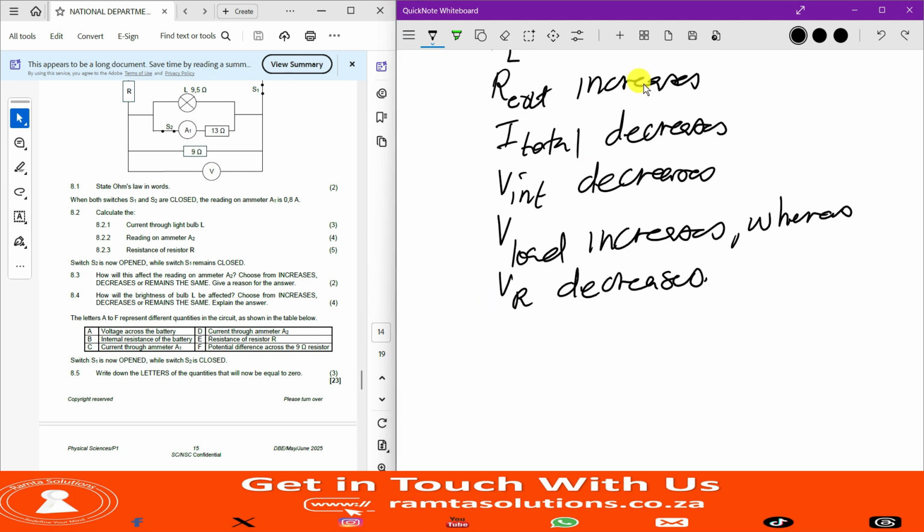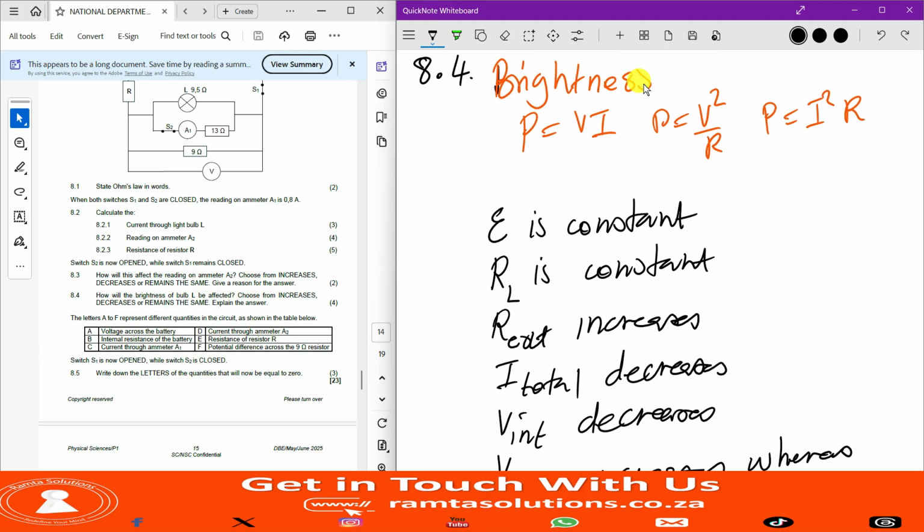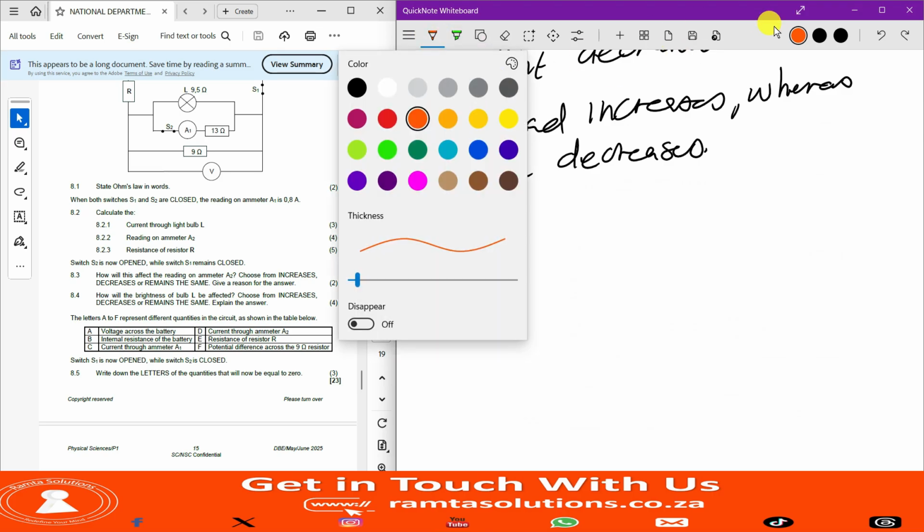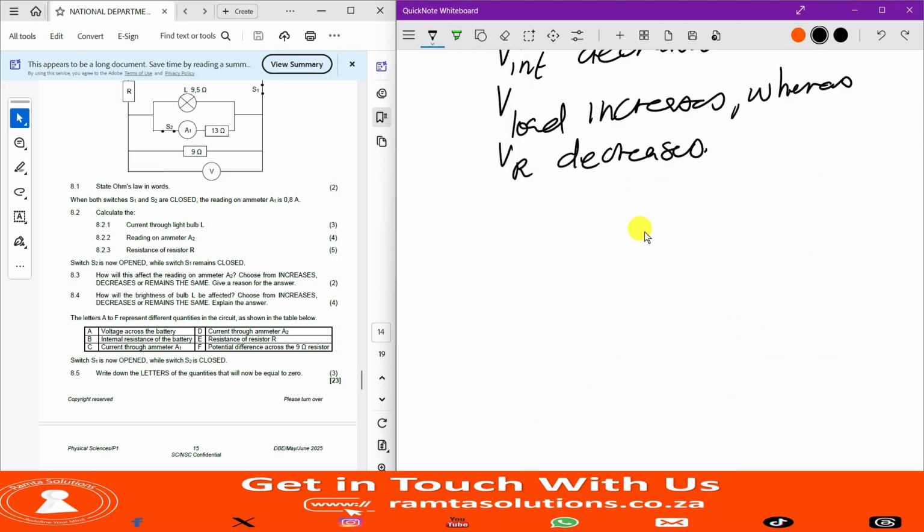Now, look at the formulas I gave you. The resistance of this bulb is the same. So what we can relate it with is the power rating formula, which has to do with voltage and resistance. So if that's the case, then power is directly proportional to this guy here.